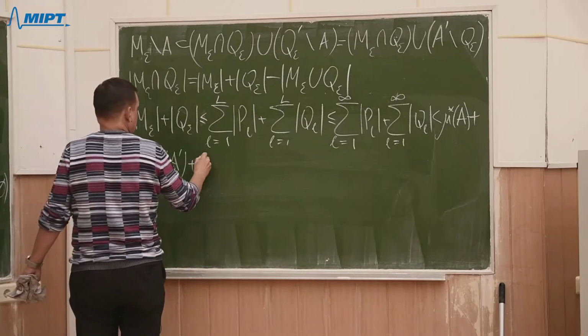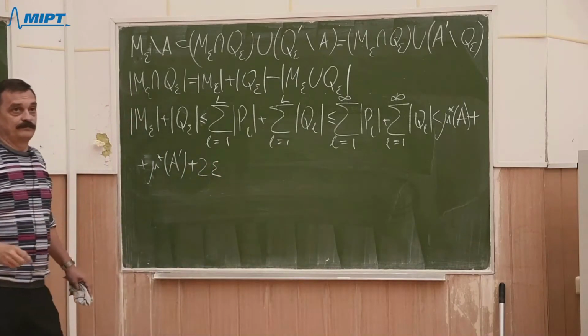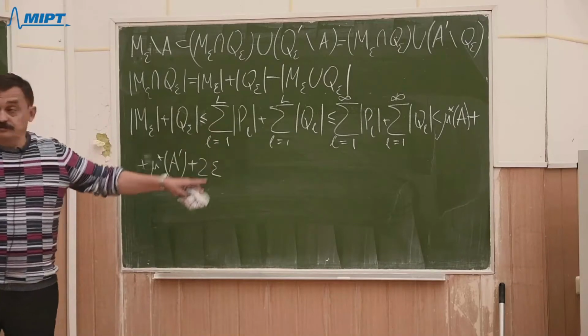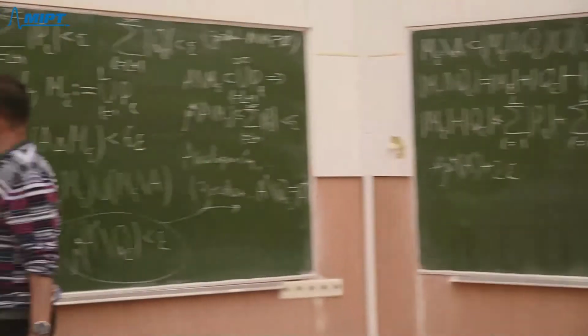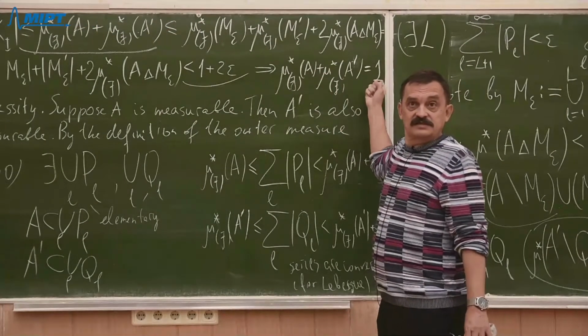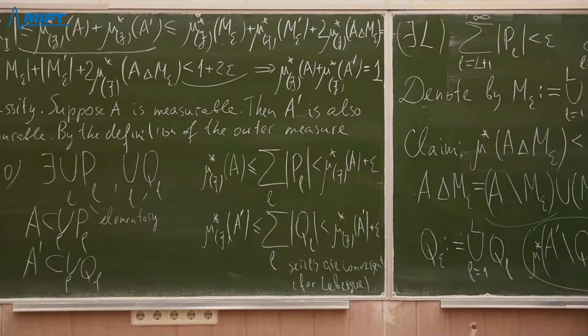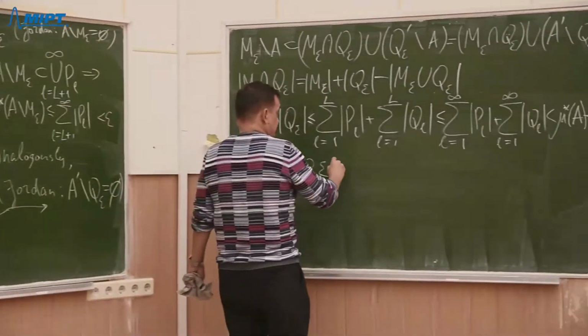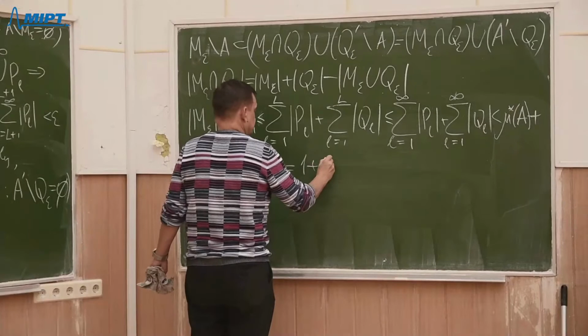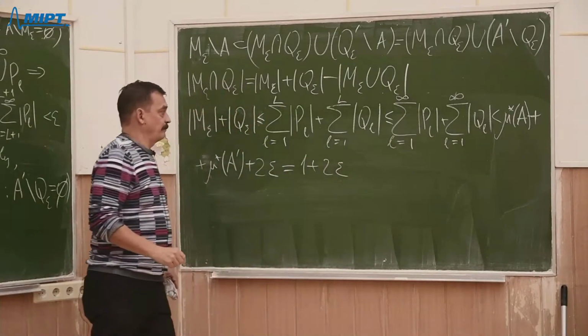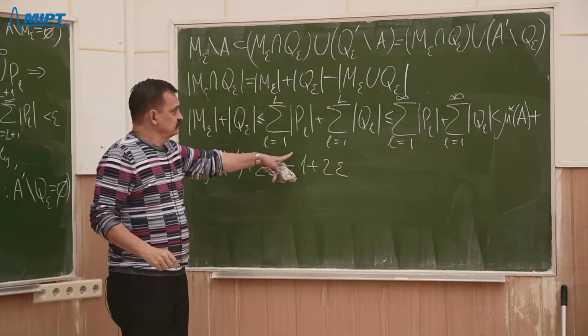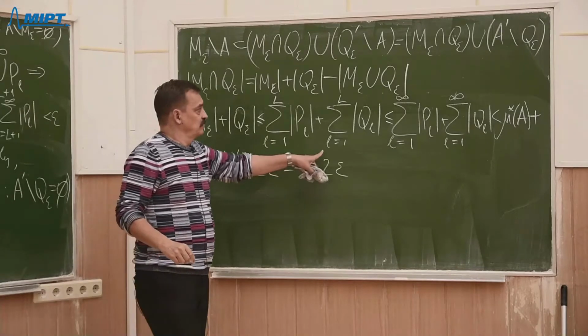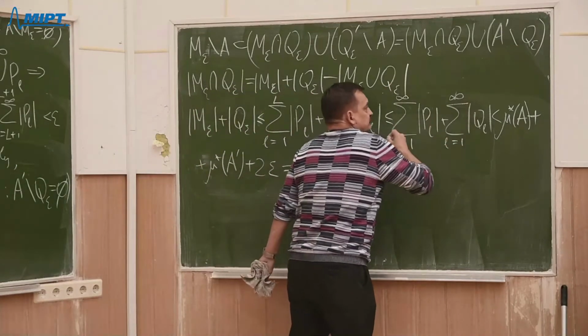Plus 2f, right? And the sum of those two outer measures is equal to 1, since our set is matched. For Jordan, it's the same, but without that part, right?